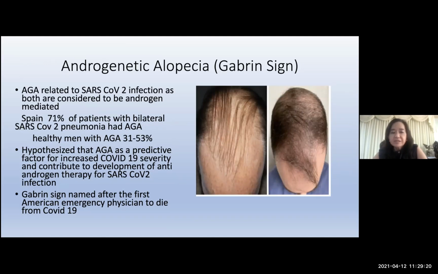It's hypothesized that AGA is a predictive factor for increased COVID-19 severity and contributed to the development of the anti-androgen effect for SARS-CoV-2 infection. The Gabrin sign was named after the first American physician to die from COVID-19.